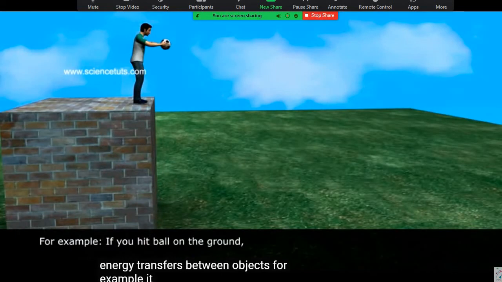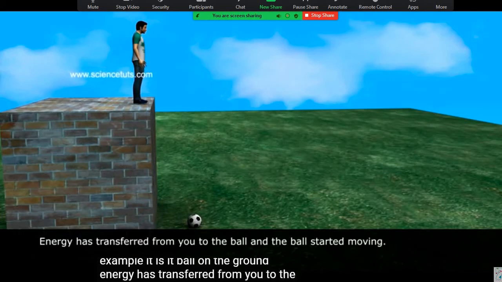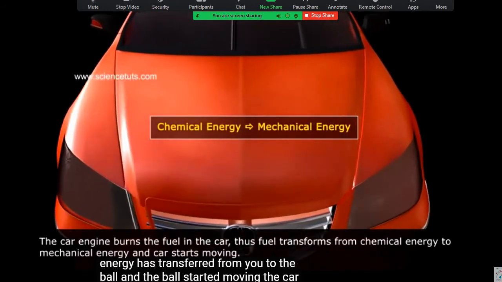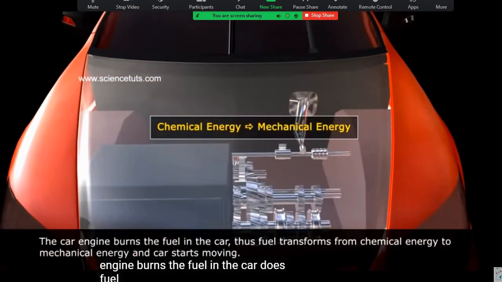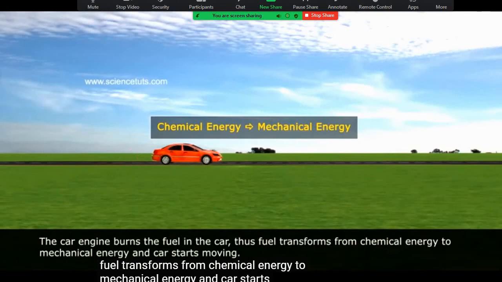For example, if you hit a ball on the ground, energy has transferred from you to the ball, and the ball started moving. The car engine burns the fuel in the car. Thus, fuel transforms from chemical energy to mechanical energy, and the car starts moving.